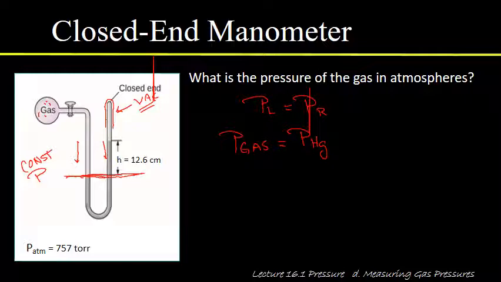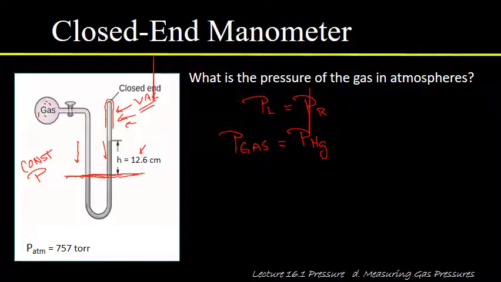And because there's a vacuum up here, there's nothing else pushing down on the right-hand side. All we have is that column of mercury. A vacuum has a pressure of 0. So the pressure of the gas is just the pressure of the column of mercury. There's really almost no calculation to do. So we just need the height of that mercury column. We need to convert that into millimeters.